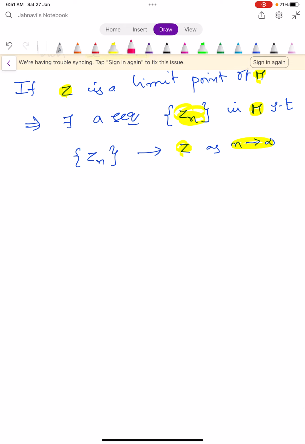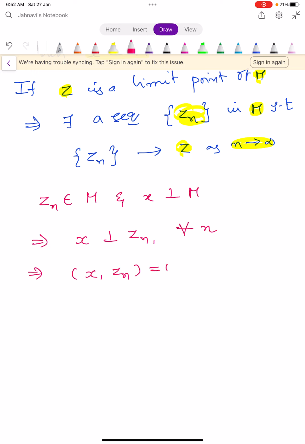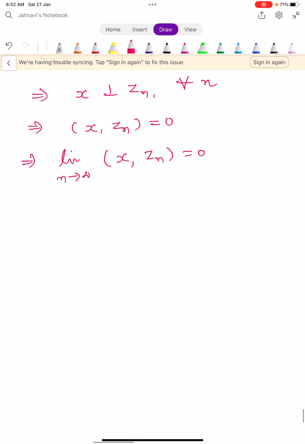So Zn belongs to capital M and x is perpendicular to M implies x is perpendicular to Zn for all n. It means the inner product of x comma Zn is equal to 0. It means the limit as n tends to infinity of the inner product of x comma Zn is equal to 0.